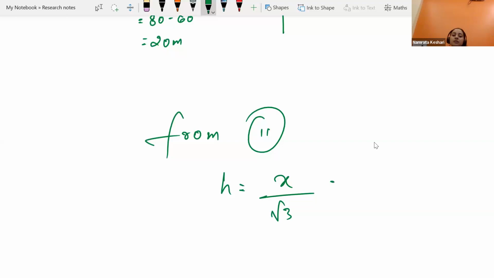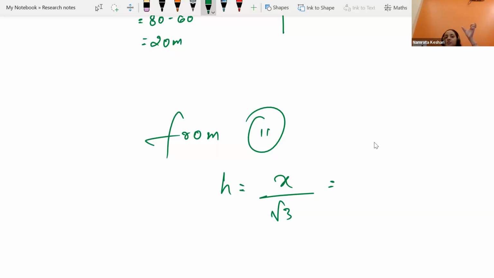According to our solution, it can happen that Aisha has taken other variables, and accordingly her answer is 20 meter. Which is correct, that one of the poles is 20 meter apart and the other pole is 60 meter apart. I need to check her steps. But the 20 which she has got, maybe if we take the other variables, then we will end up getting the x value as 20 only.